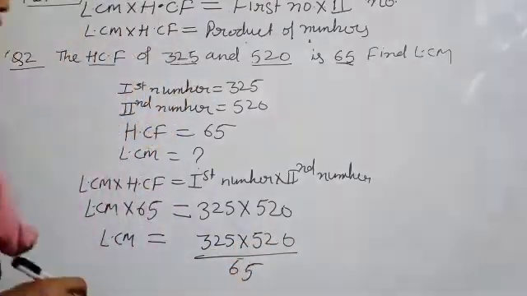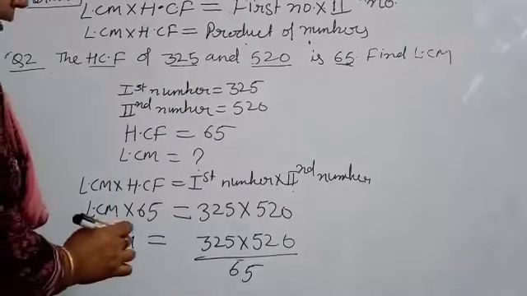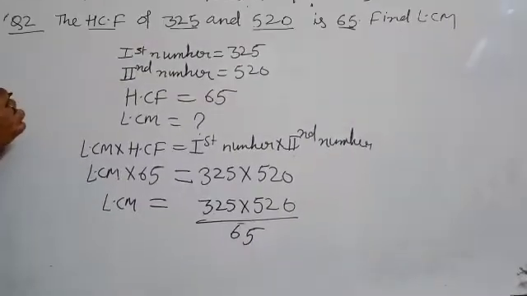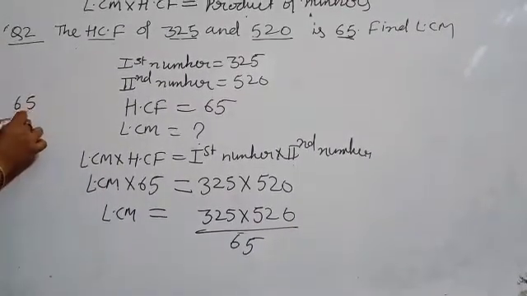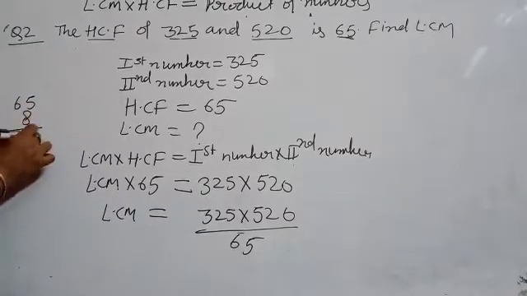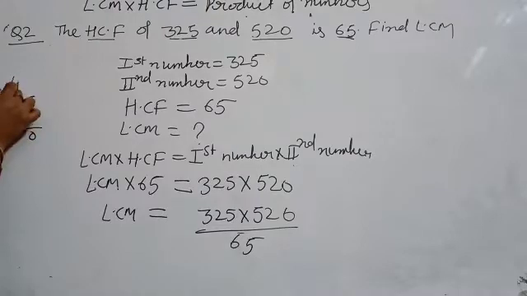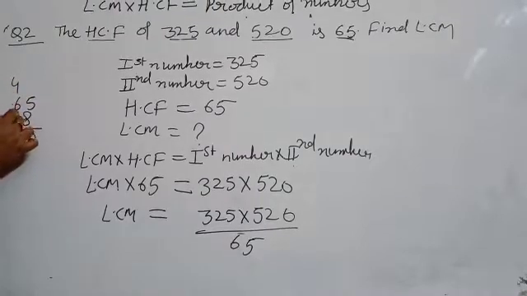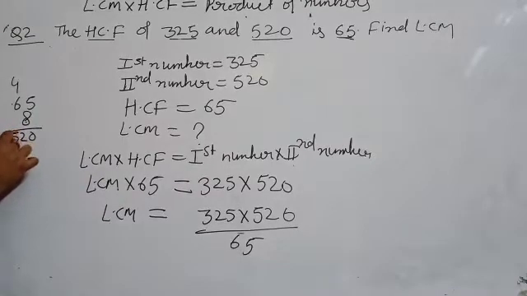Now try to cancel it. On the 5 table it may be cancelled. 5 8s are 40, 8 6s are 48, 48 plus 4 is 52, so 520.